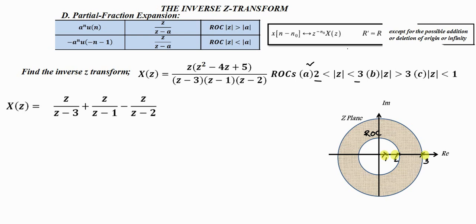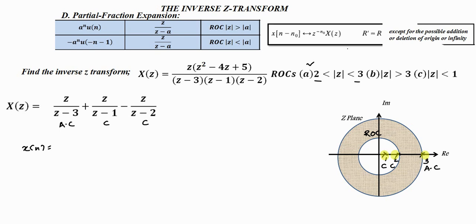From this I can say that if the ROC is exterior to the poles, then these two poles represent causal, and if the ROC is interior to the pole, then that represents anticausal. So poles 1 and 2 are causal, and this one is anticausal.